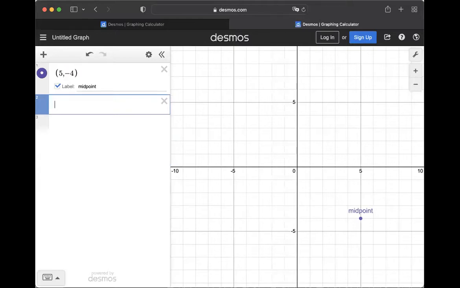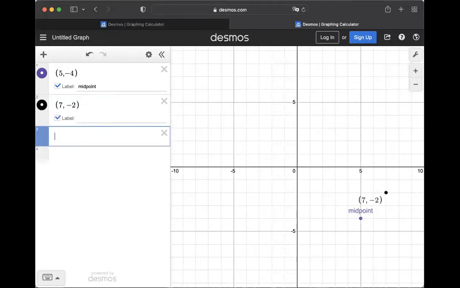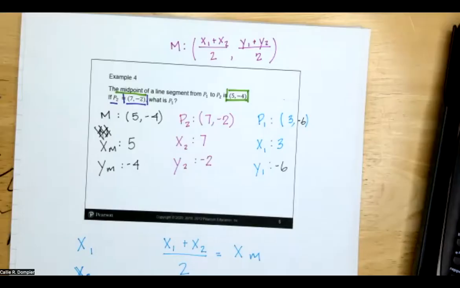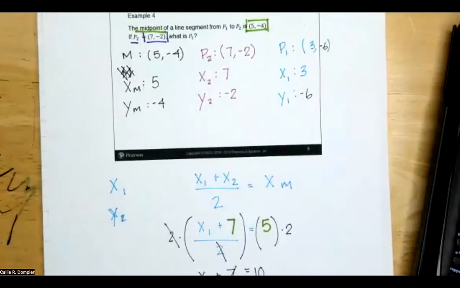And then they told us P2 is 7, -2. And then we found 3, -6. That does look like it is between those two points. So we were using the midpoint formula, but as you'll see, we had to substitute in known information and solve for the x and y value of the third point.